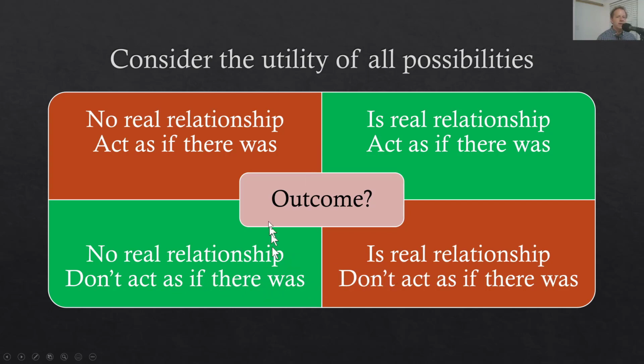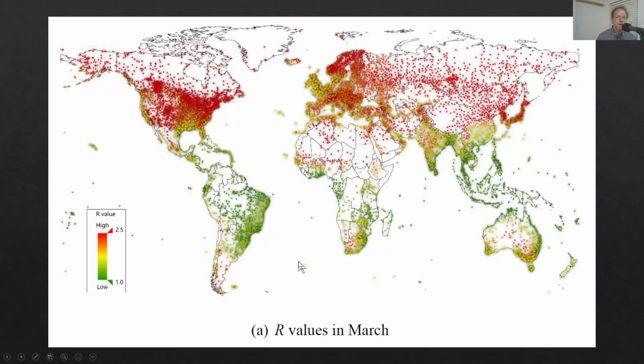So you want to look at each of these 4 possibilities and ask what the economic and societal consequences would be. There's going to be a huge difference in lives lost and economies crashing and whatever else for each of these 4.